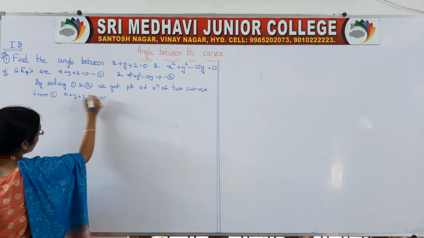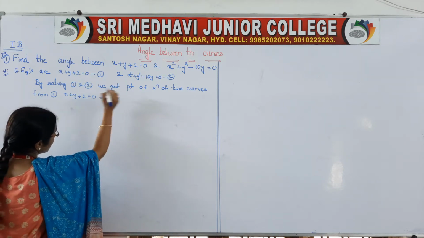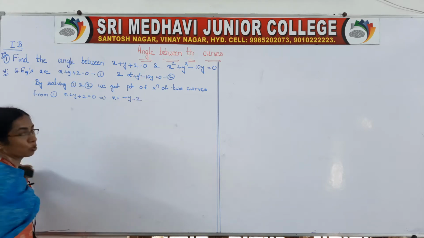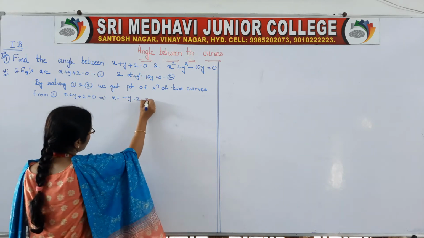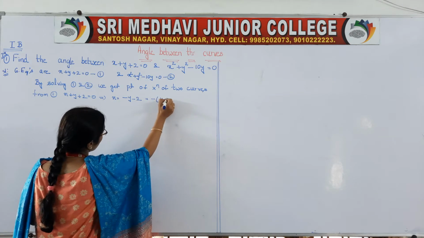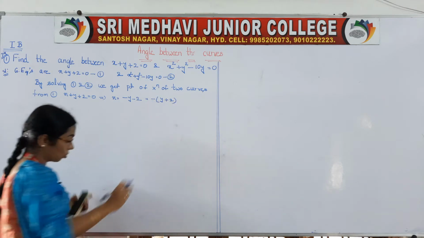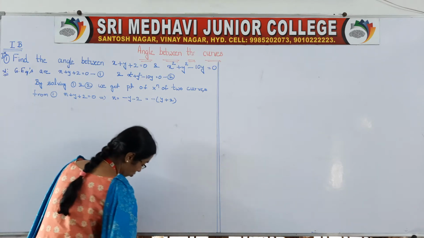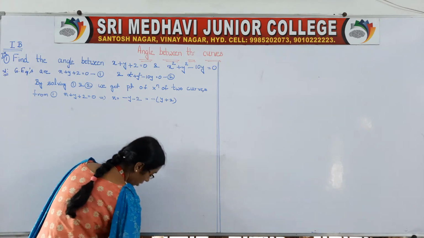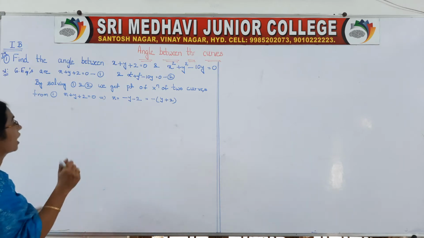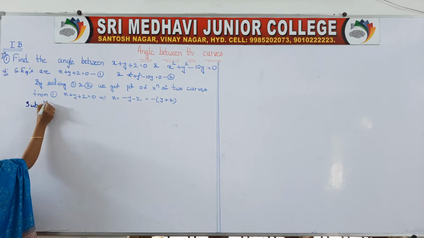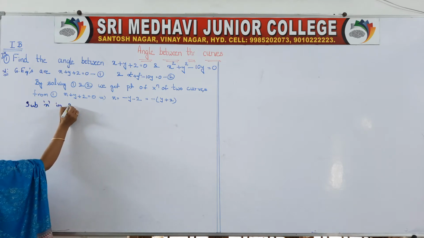So here we write x is equal to, sending these terms to that side, minus y minus 2. We can write this as minus of (y plus 2). Now substitute this x value in the second equation.